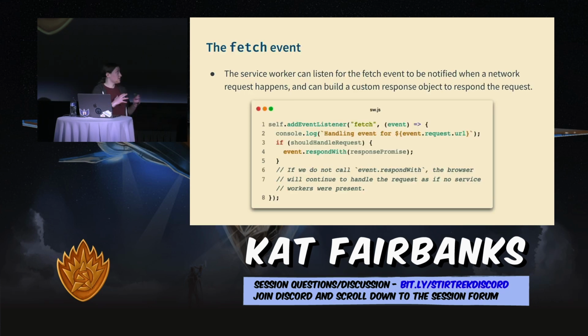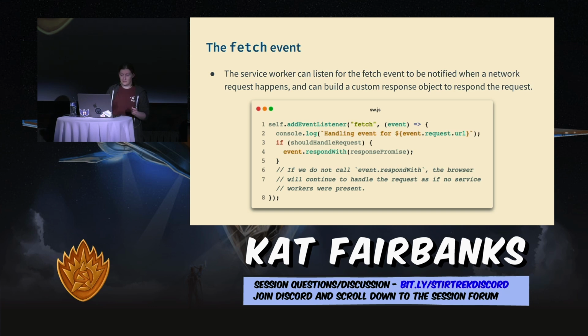And now that we have that, we can start talking about actually intercepting those network requests and enabling offline functionality. So this is done by adding an event listener to the fetch event in your service worker. So this event is called anytime the browser makes a network request.